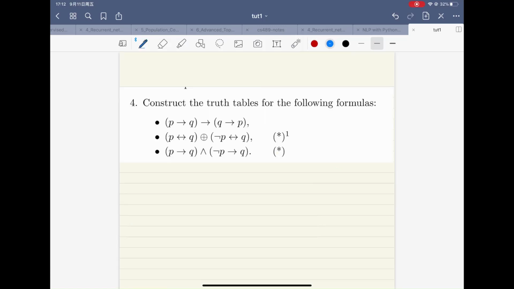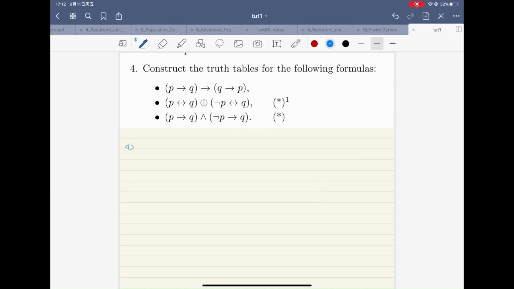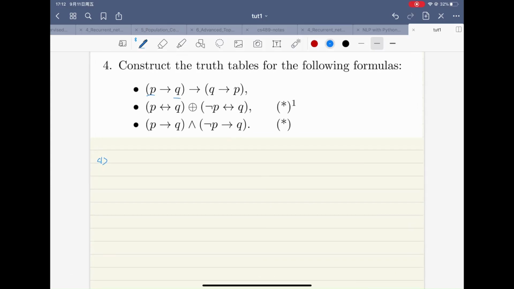Question 4 asks you to draw the truth tables for the following formulas. Okay, the first one, we have 2 premises, so we need 4 rows, right? So draw the table. P, Q, P implies Q, Q implies P, final statement.